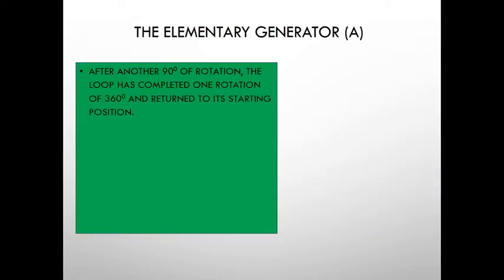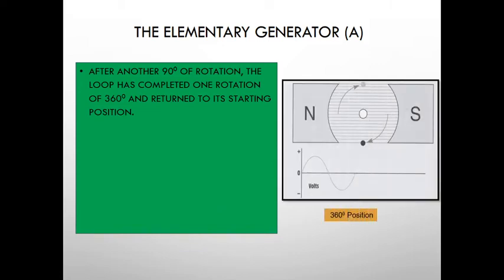After another 90 degrees of rotation, a total of 360, it returns to its starting position. You can see the white is on top and the black is at the bottom. So the voltage decreases from its negative peak back to 0. So that is one complete cycle.